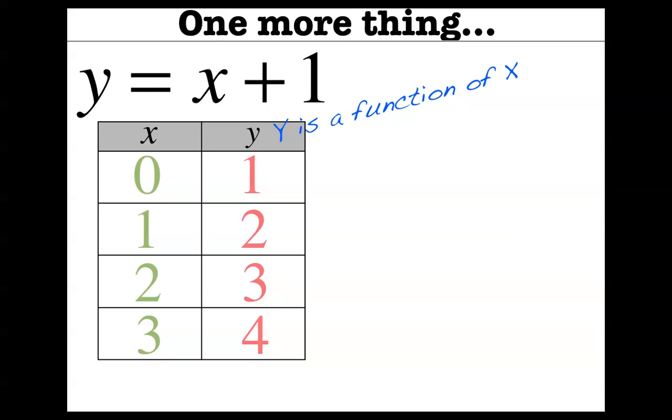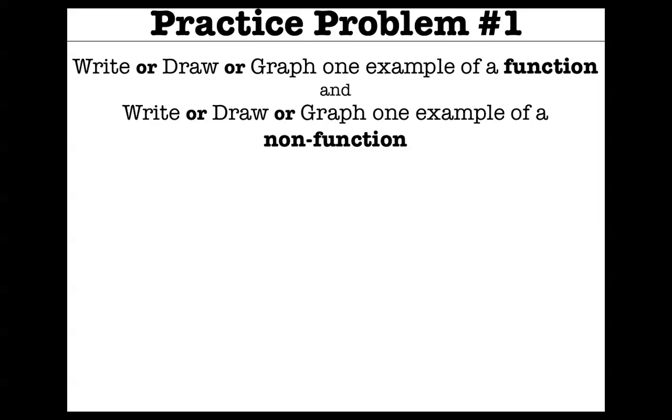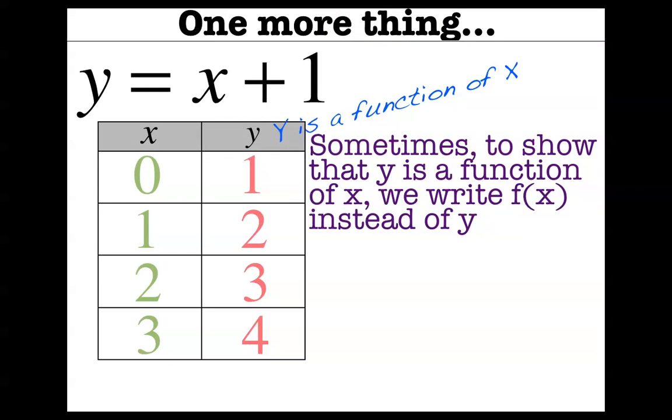Okay, so then knowing that y is a function of x, we're going to say, whoops, sorry about that, backwards. Here we go. Knowing that y is a function of x, we're going to say that sometimes to show that y is a function of x, we write this weird thing, f parentheses x, instead of y.